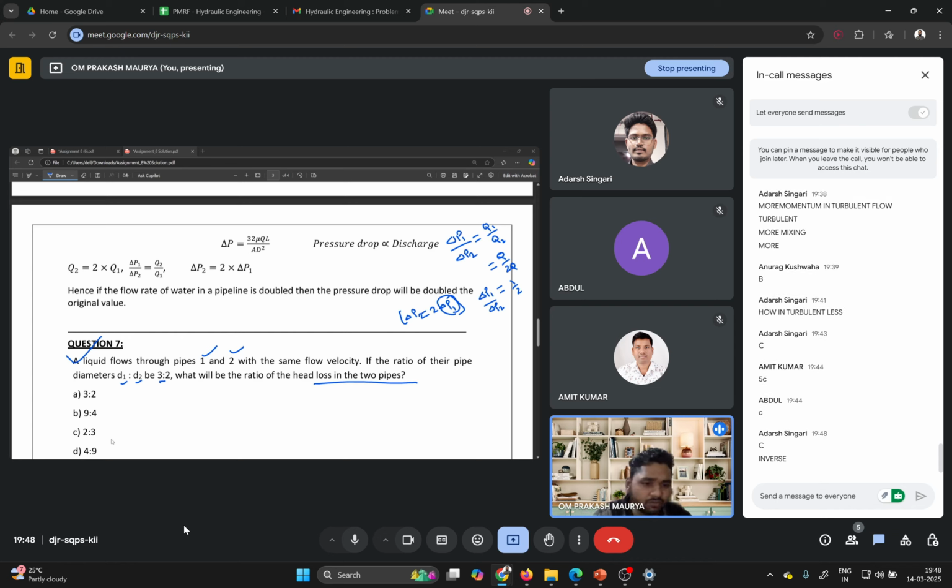Inverse, you are telling option C. Abdul is also telling option C. Okay, good.